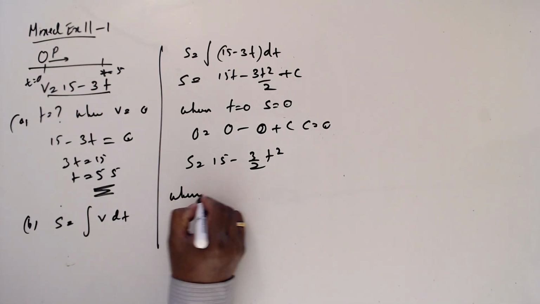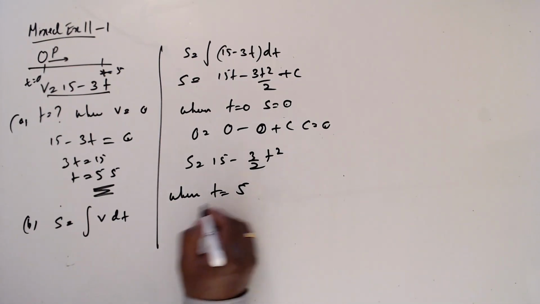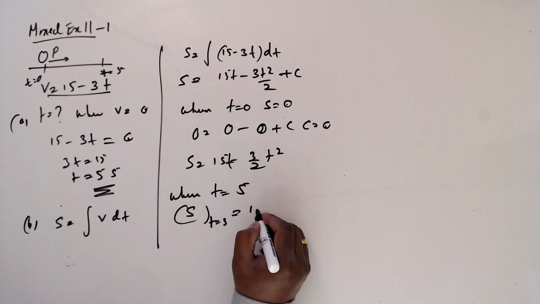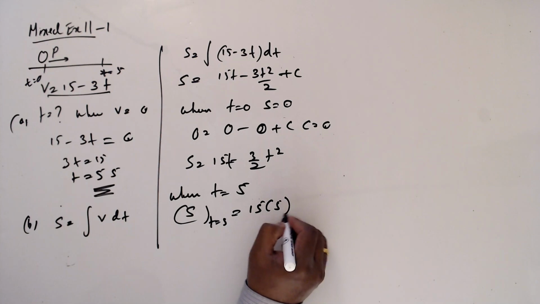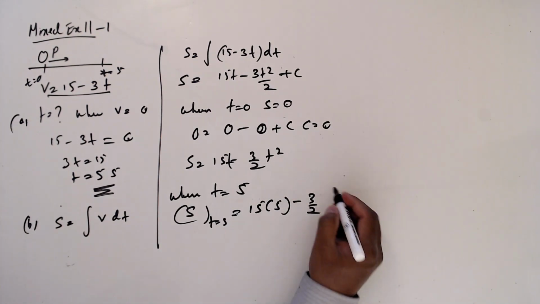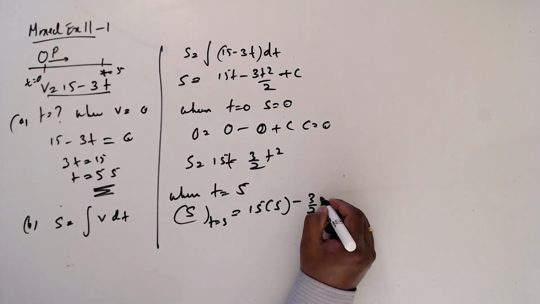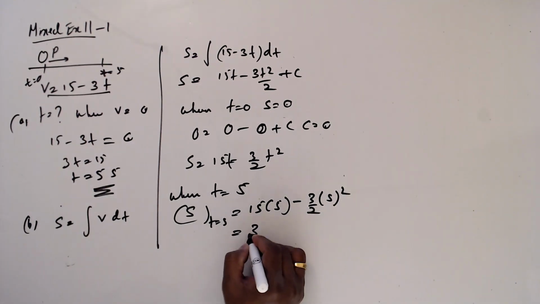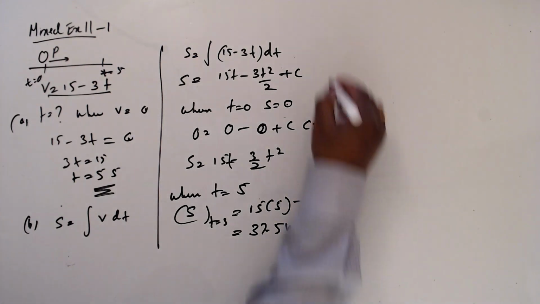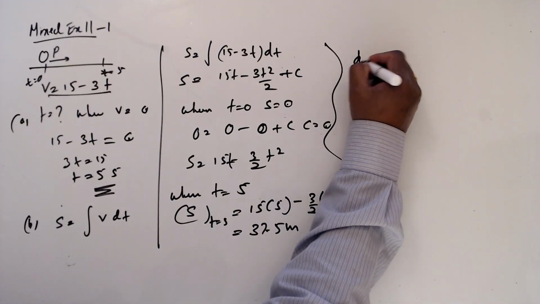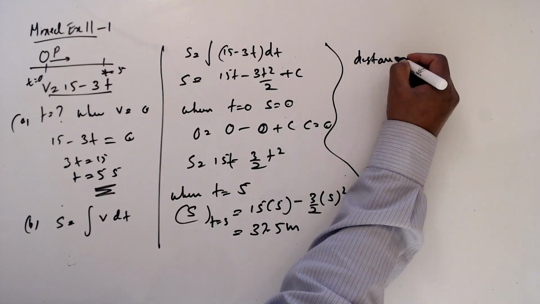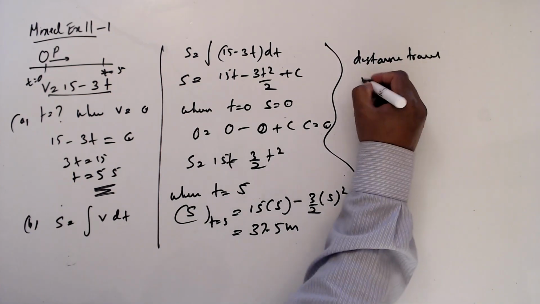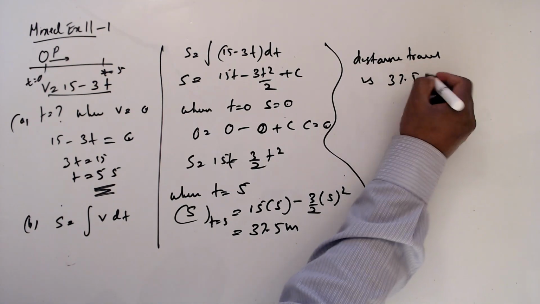So when t equal 5, s equal 15 times 5 minus 3 over 2 times 5 square. So that is 37.5 meter. So this distance travelled is 37.5 meter.